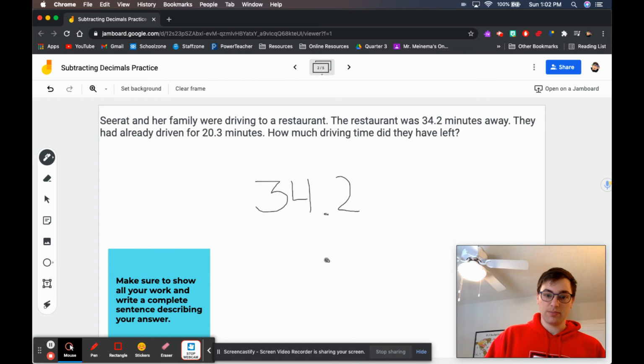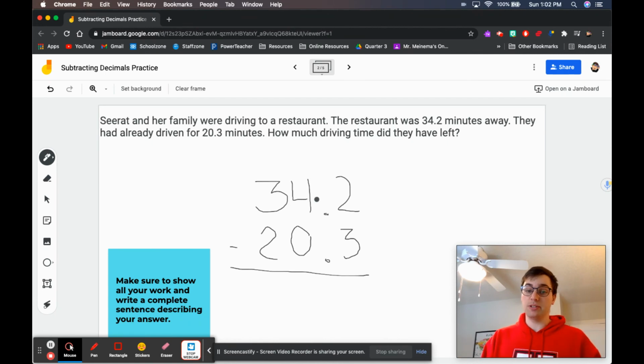In top-down form, subtracting, I'm going to put my decimal and then my number below. So the lining up the place values, nice line, subtract, and I'll follow the same steps. So I will need to regroup again to get my answer.